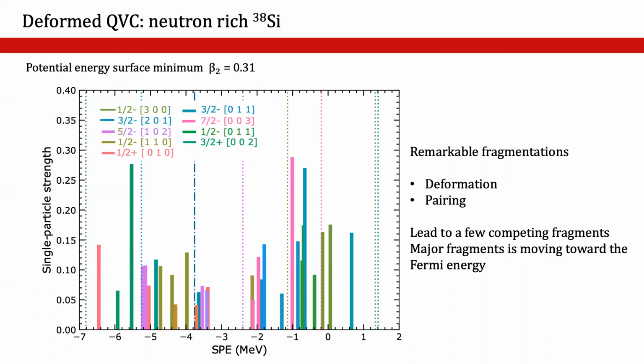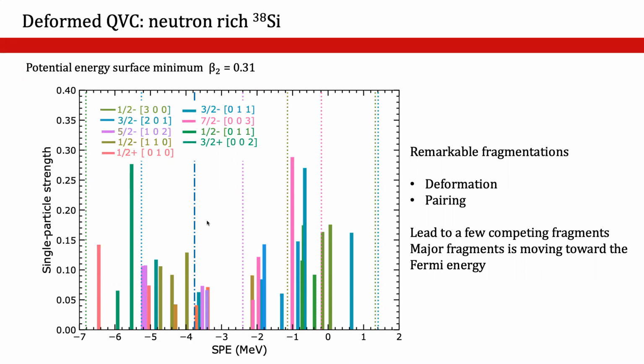In the deformed nuclei, we can get a few competing fragments. This is because the axial deformation together with the superfluid pairing correlation in deformed open-shell nuclei induced considerably stronger fragmentation.